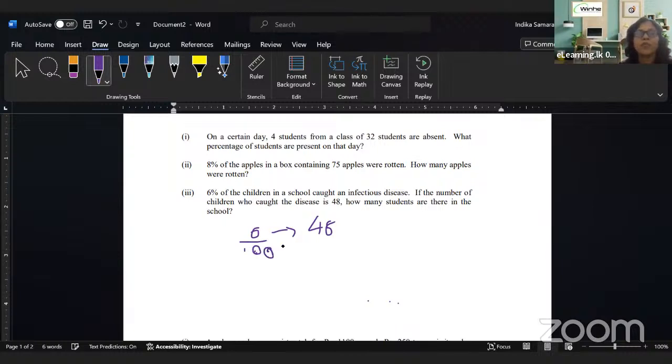Then how do we find the 100%? What you have to do is multiply 48 by 100, then divide it by 36. Right?